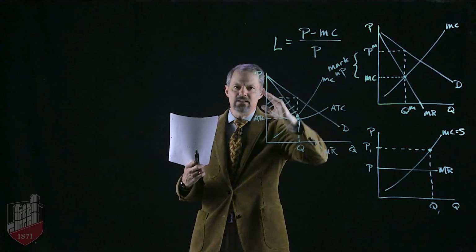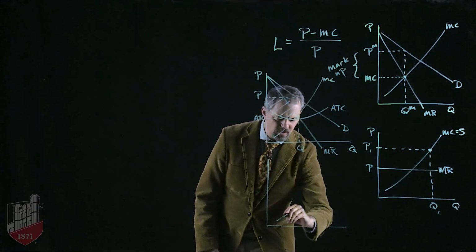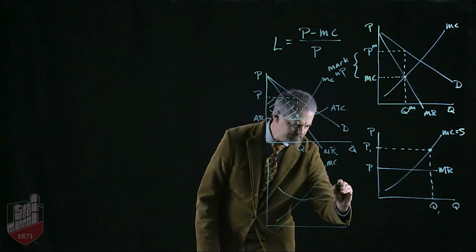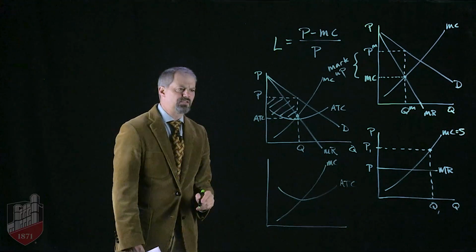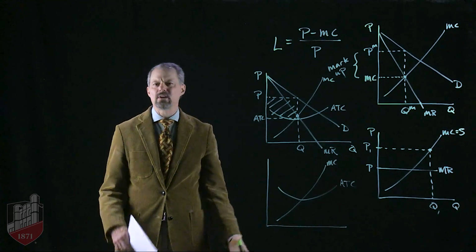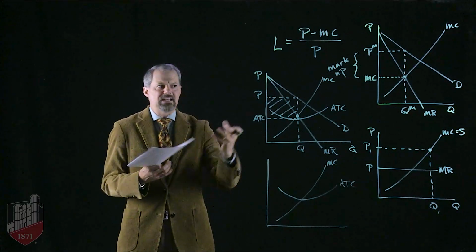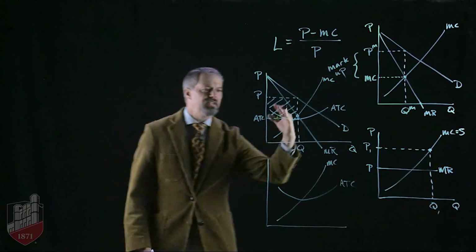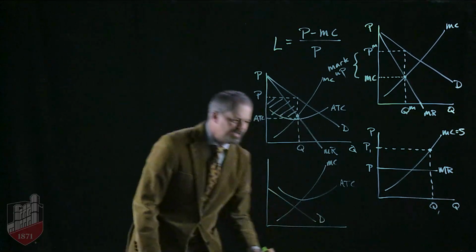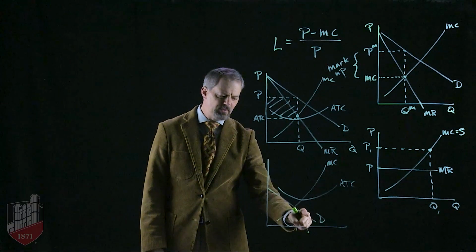For example, let me draw a similar marginal cost curve and a similar average total cost curve. And then let's suppose that people just don't like this product anymore. Or some other product comes along that's maybe not a substitute, but just makes this obsolete. Well, then demand can shift to the left. And if demand shifts to the left enough, now there's no way that the monopolist would ever be able to charge a price.